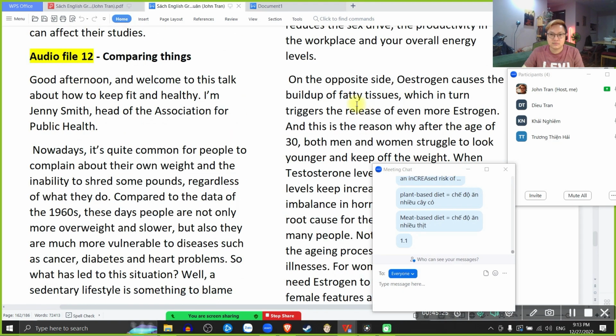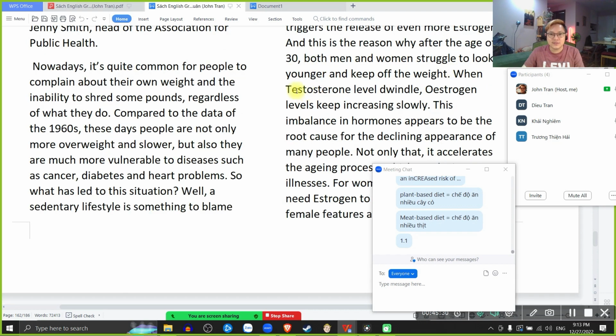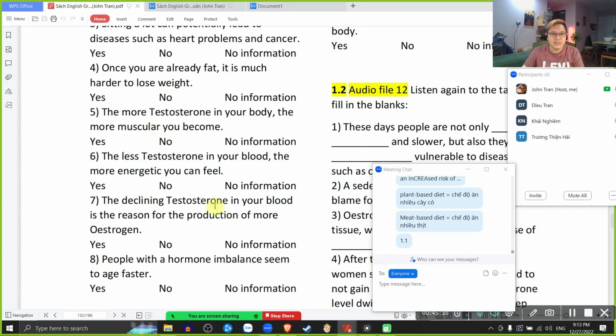But yeah, when testosterone level dwindle, estrogen level keeps increasing slowly. Đó, khi mà cái này nó rớt xuống, cái estrogen nó tăng lên từ từ. But then, is it the reason? Nó có nói là một cái giảm cái tăng, nhưng mà liệu chuyện testosterone giảm, có phải cái lý do cho sự sản sinh ra nhiều estrogen hơn không? Is it the reason?